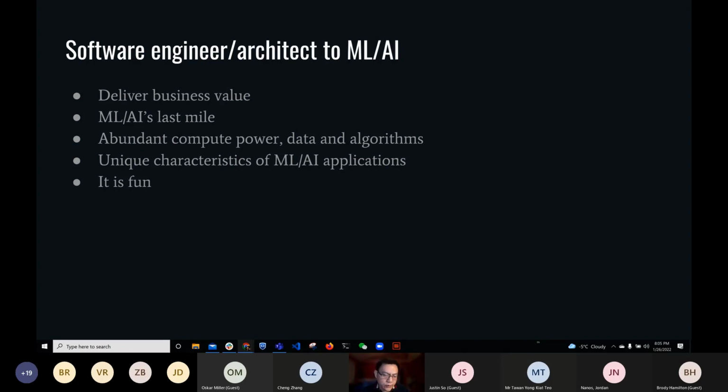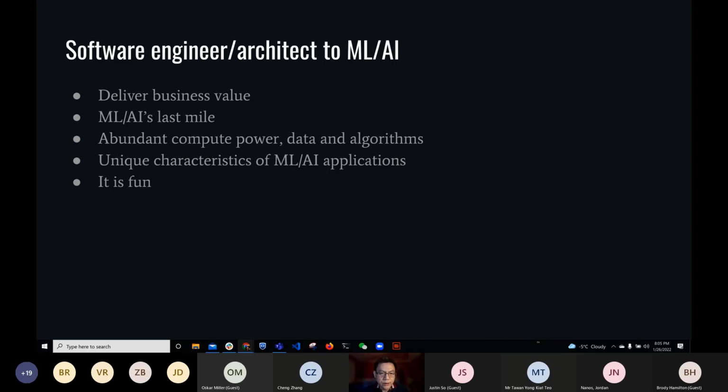Nowadays, there is abundant computing power and data available, and machine learning and AI algorithms are already very capable and ready for us to use. However, there are also some unique features of AI and machine learning applications.